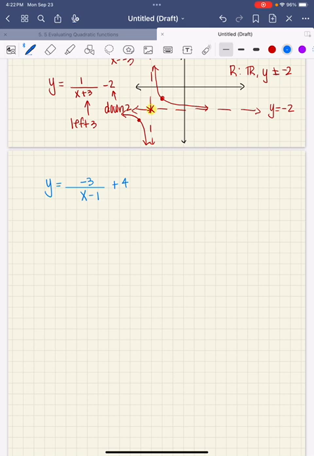Okay, so x cannot be 1. If x is 1, 0 in the denominator, no can do. So this is where my vertical asymptote is going to be. Vertical asymptote, VA. Up 4. So that's where my horizontal asymptote is going to be.